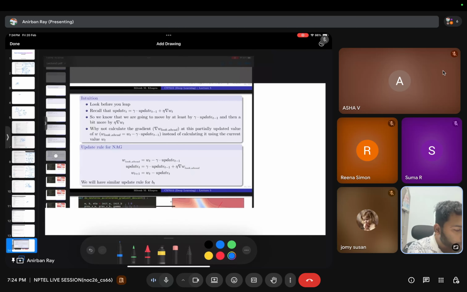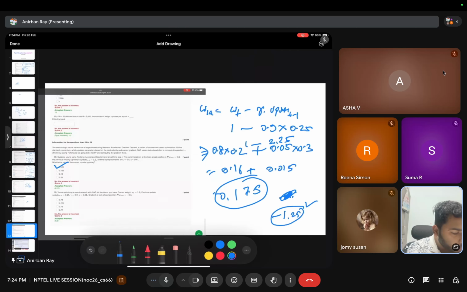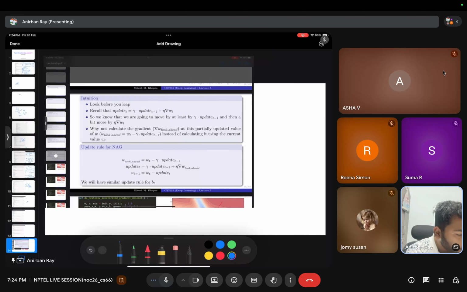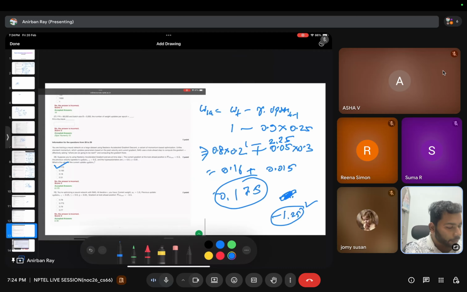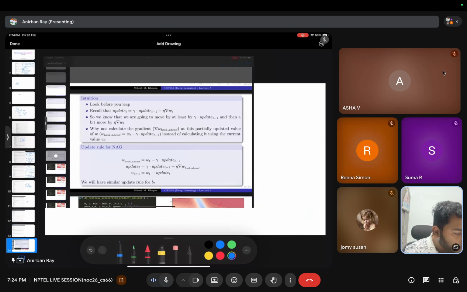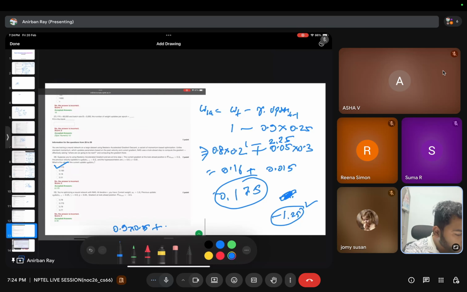Okay, for that what we need is gamma times update T minus 1, 0.25. Gamma is 0.9 into 0.25. And then what we have is eta times, eta is 0.01, into delta look ahead, minus 0.5.